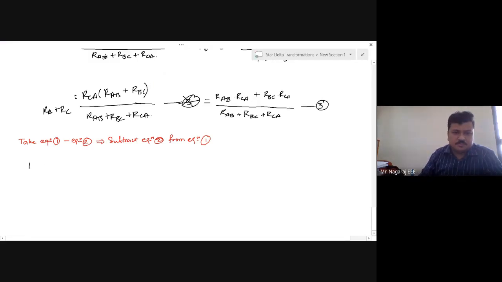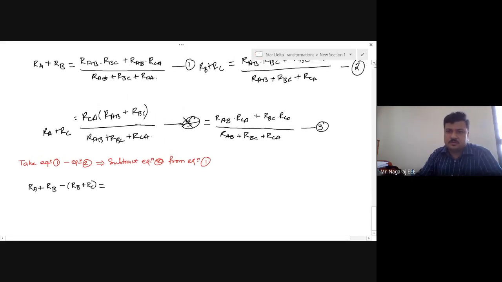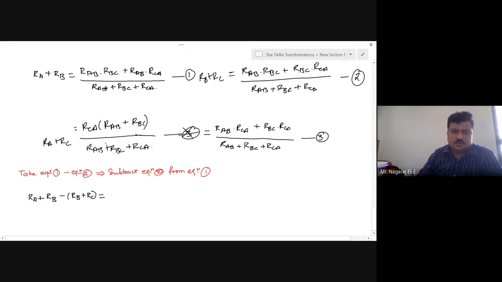On the LHS, equation 1 is RA plus RB, minus equation 2, which is RB plus RC, equals RAB RBC plus RAB into RCA, divided by RAB plus RBC plus RCA.